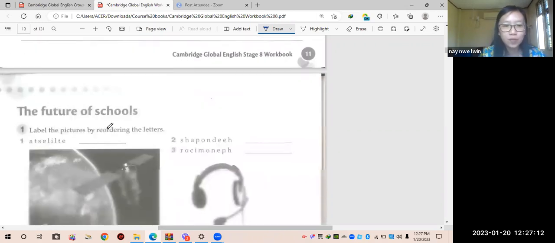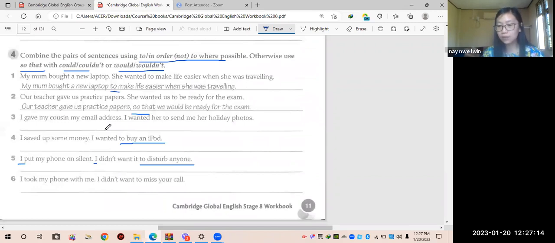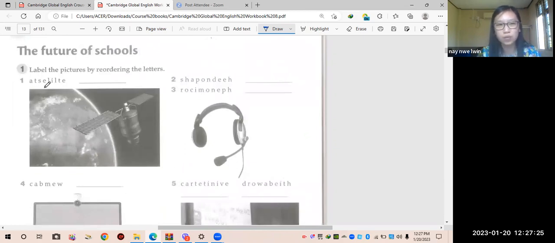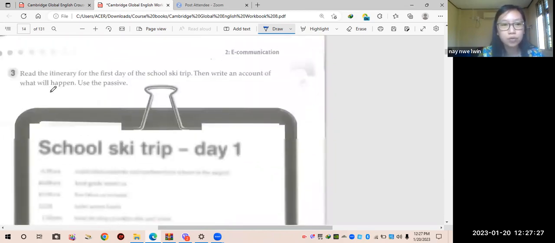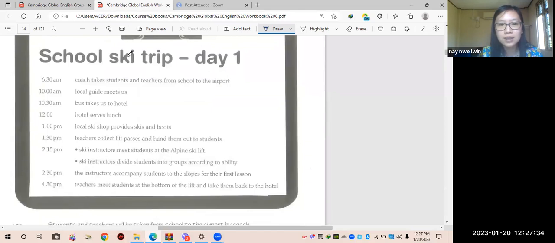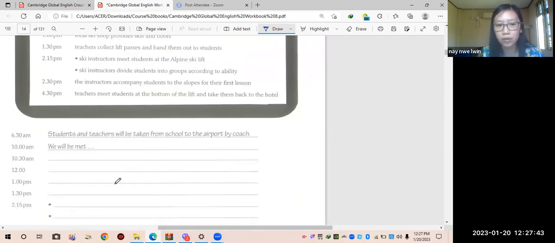So for the rest of the exercises, I just want to give you guys as homework because I just want to save some time. Is that okay? I want to skip number 1. It is way too easy. So I just want to do the future passive form. Number 3 is homework. You can see the school ski trip timetable, and all you have to do is transform all the sentences into passive voice.